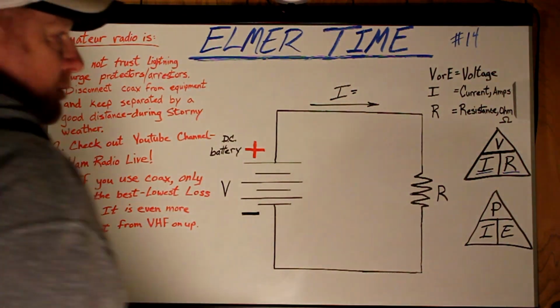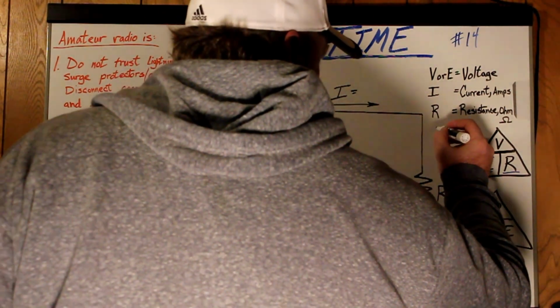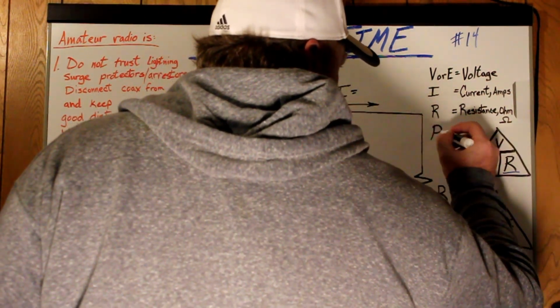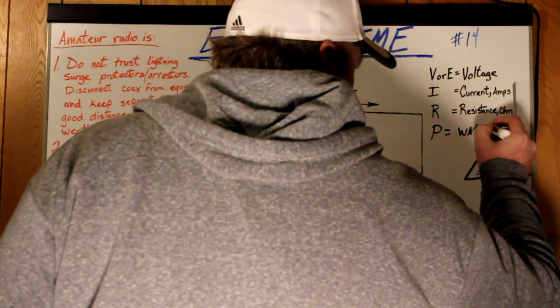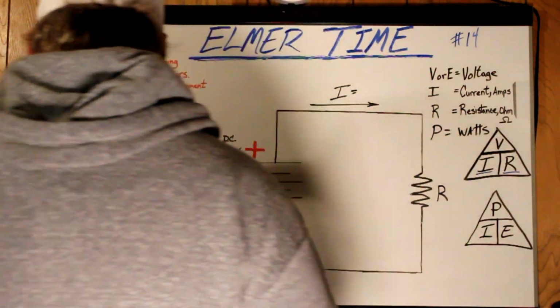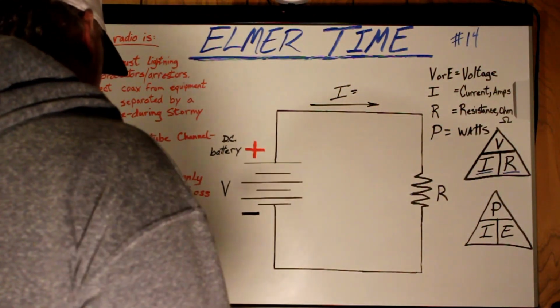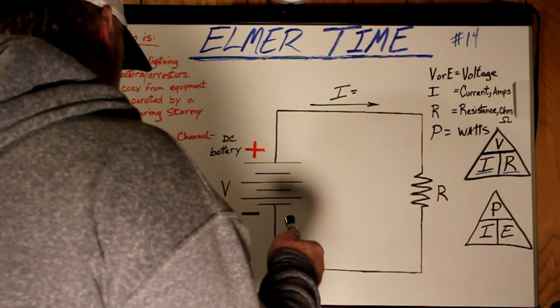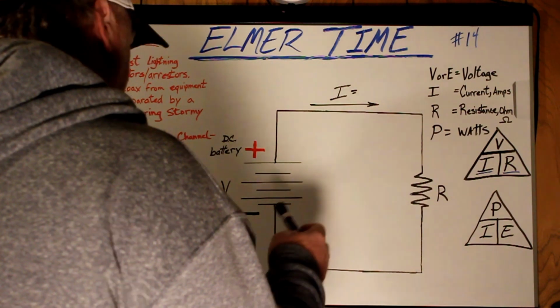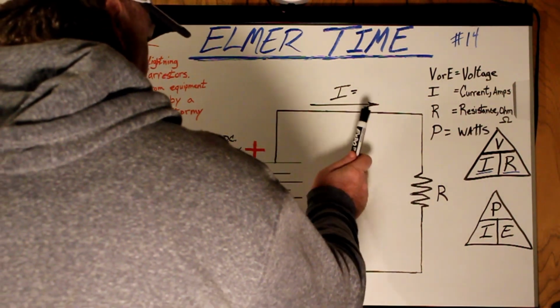And it's called Watt's law. Now, Watt's law is the power within a circuit that is the product of voltage and current.